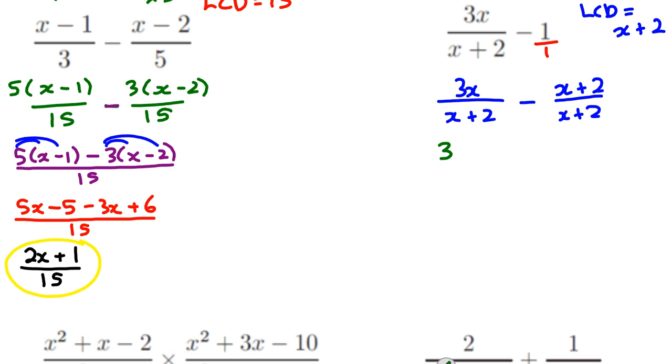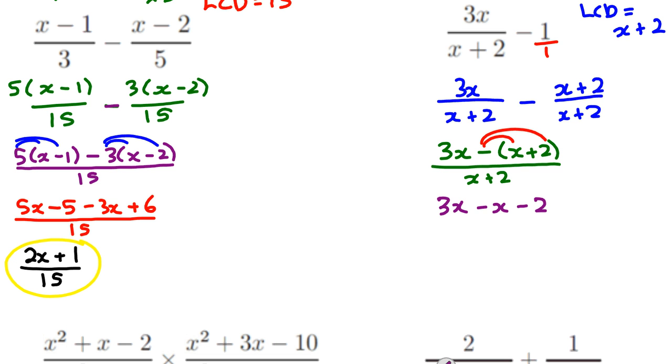So we can combine the numerators. 3x minus, and this might help, minus all of x plus 2, over x plus 2. Because a common error is they're definitely going minus x, but they're forgetting that the negative gets factored into the 2 as well. So when you factor the negative into the 2, you get 3x minus x minus 2, all over x plus 2.